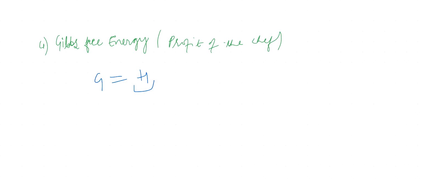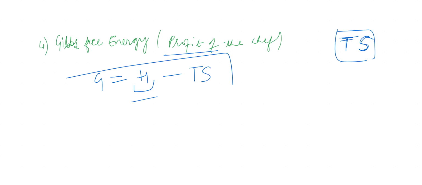Now for calculating profit, we have to subtract the factors that reduce efficiency. In the last concept we understood TS is that factor. So we will subtract TS from here. The Gibbs free energy tells him how much useful energy is left after accounting for both kitchen and maintenance and disorder.